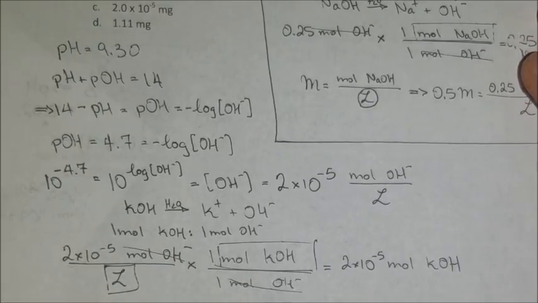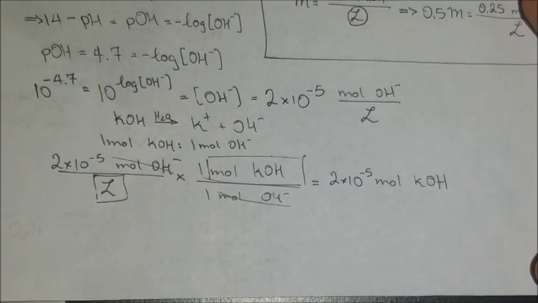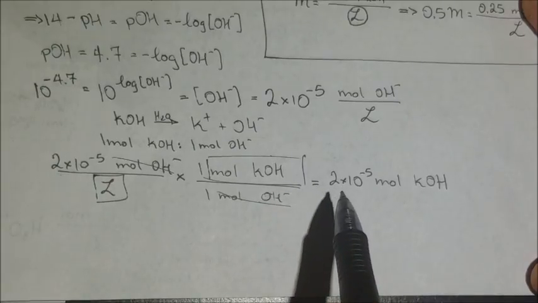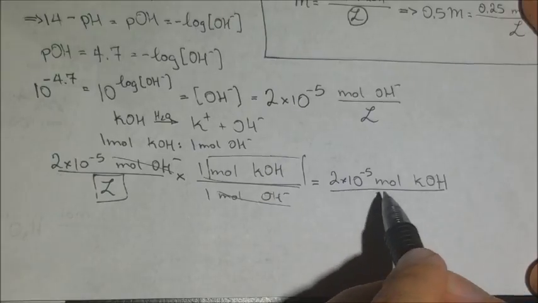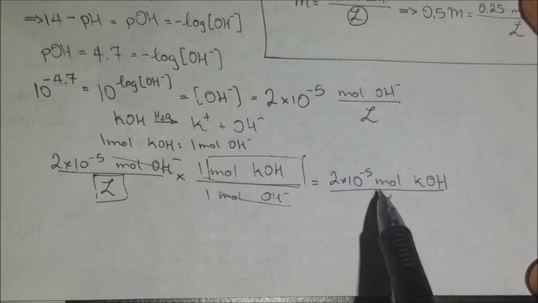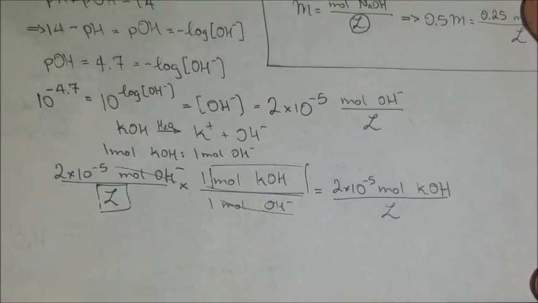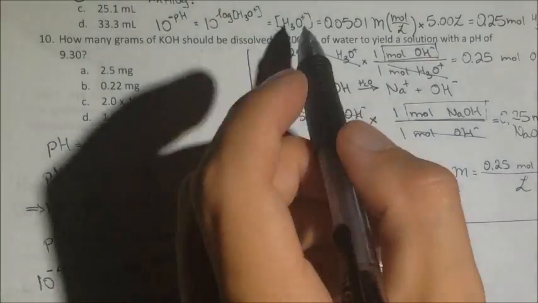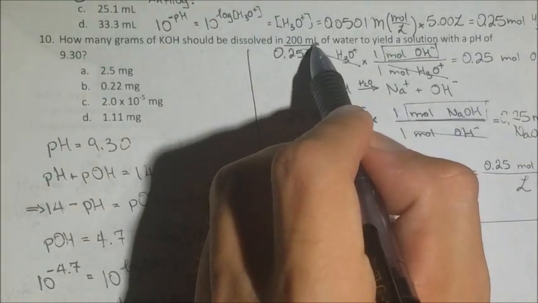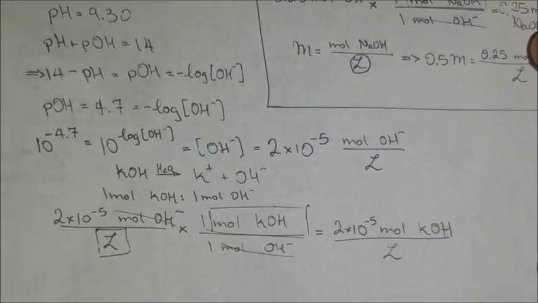Okay, so now we have 2 times 10 to the negative fifth moles of KOH. Are we done? Well, not quite. The last piece of information is that this is per liter. Sorry, I forgot to put that in there. Moles of KOH per liter. Do we have a liter? No, we don't. We want to make, let me go back up here, 200 milliliters. So we don't want a whole liter. That would be wasteful. We only want 200 milliliters. So what do we have to do?